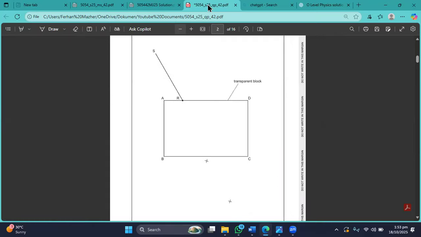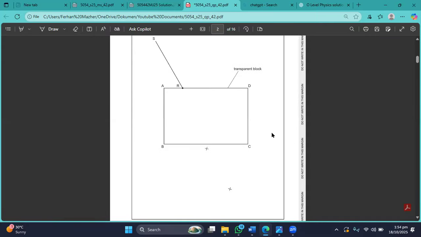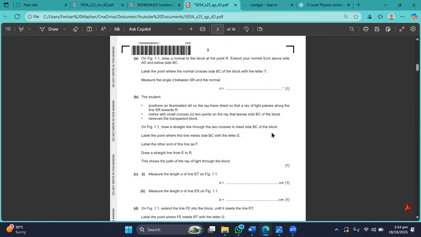On that sheet, you see this is that glass block ABCD, and this is a line SR, which is touching the AD face at the point R. Now they say on figure 1.1, draw a normal to the block at the point R. Extend your normal 6 centimeters above the side AD and below the side BC.